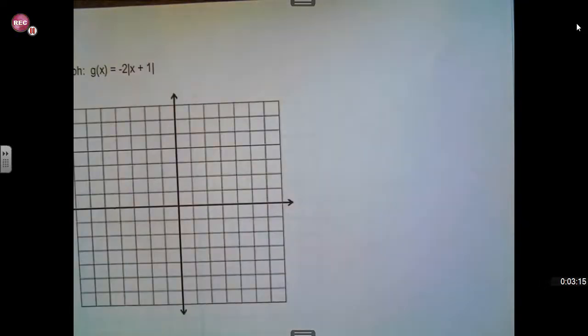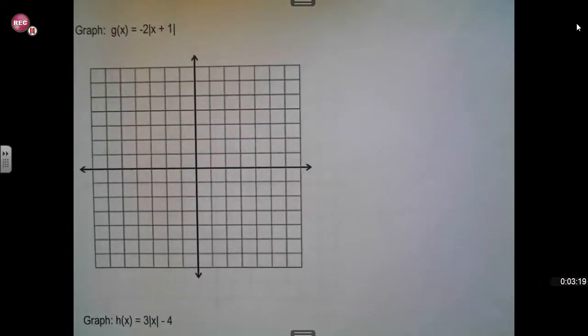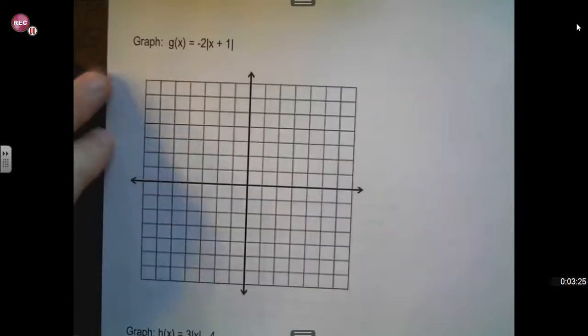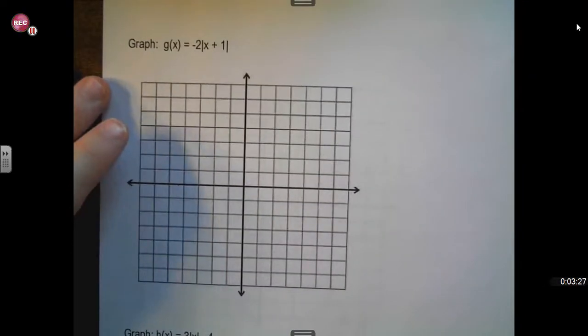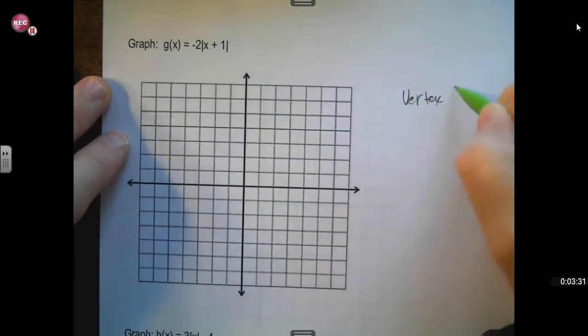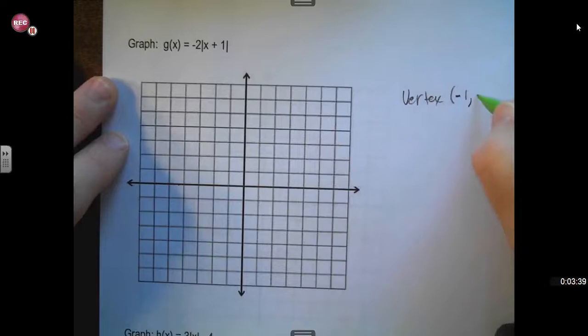So, next problem. As I said, we want to identify the vertex first. The vertex for this problem is the opposite of what's with the x, so -1. And there is nothing written outside, so the y-coordinate of the vertex is 0.